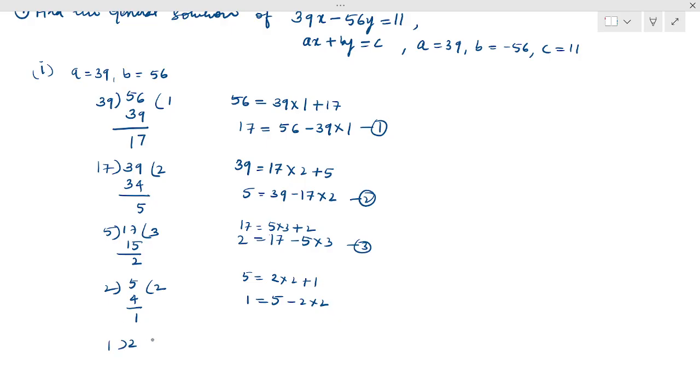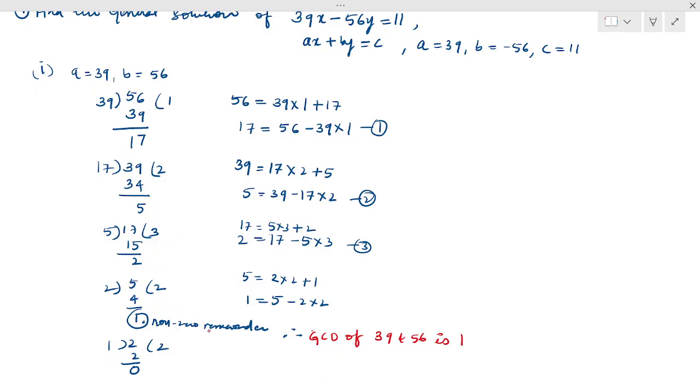Finally, 2 by 1. 1 twos are 2. The remainder is 0. The last non-zero remainder is 1. Therefore the GCD of 39 and 56 is 1.